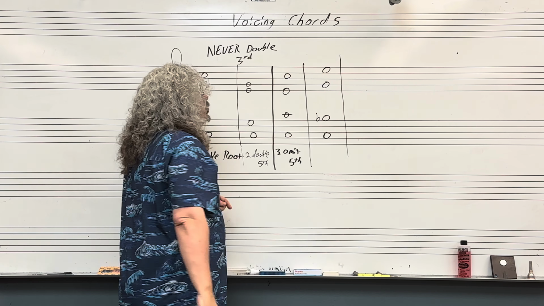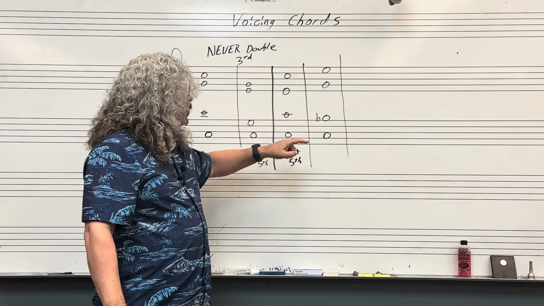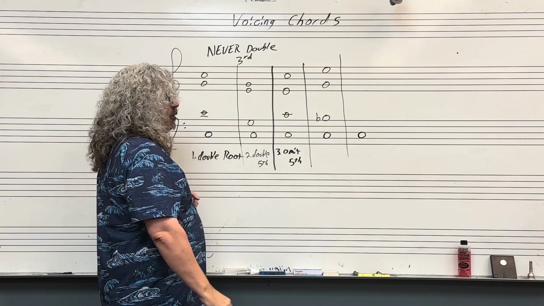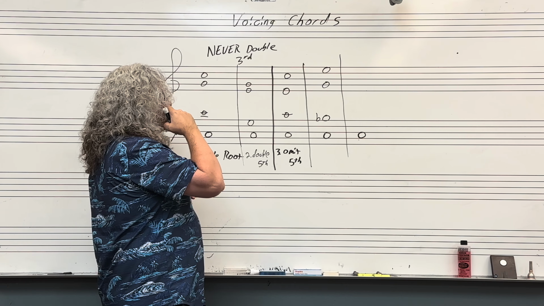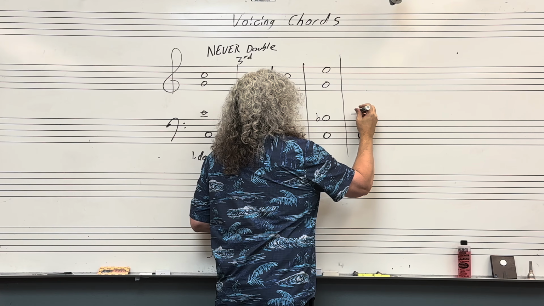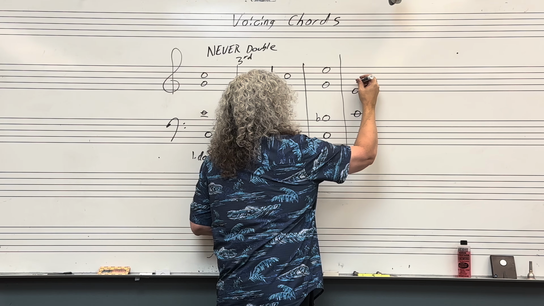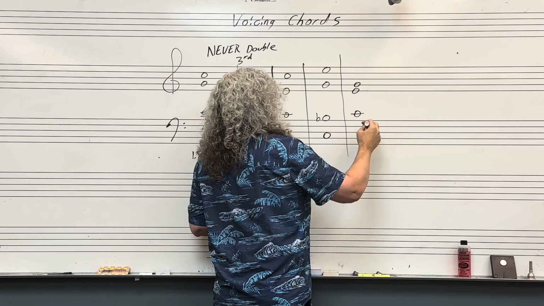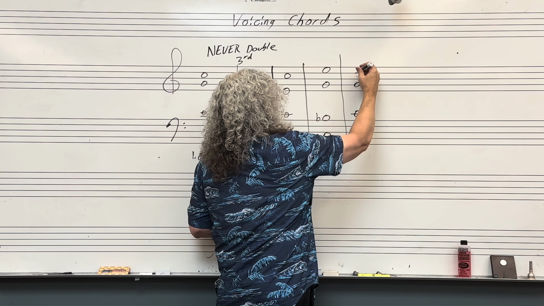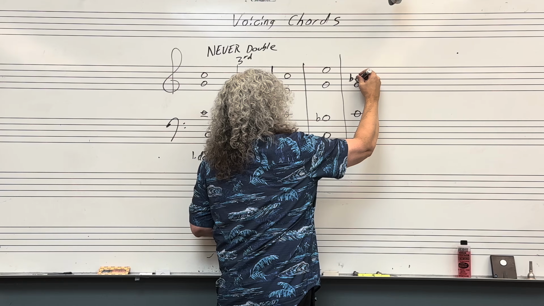Alternatively, if you're having trouble with that, you can double the root and take out the 5th. So here it would be the G. So maybe C, maybe another C right here. Maybe you have your E and your G, however you want to do it. Actually, sorry. Let's go to G there, and let's put a B flat there.